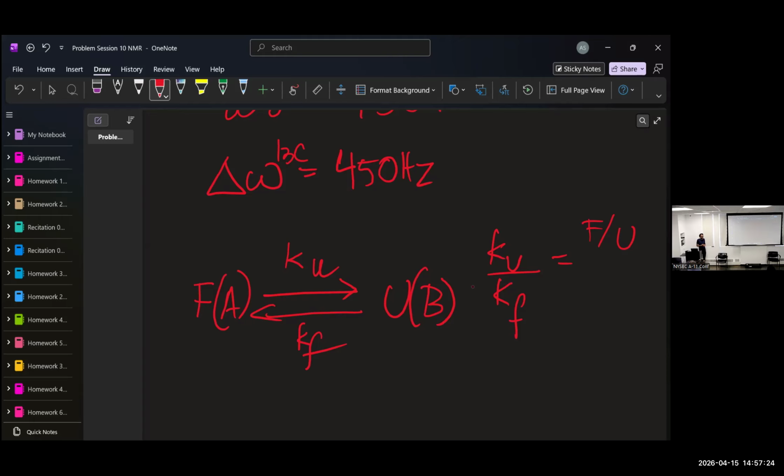Forward rate divided by backward rate. Is it product over reactant in the language of reaction chemistry, or is it reactant over product?